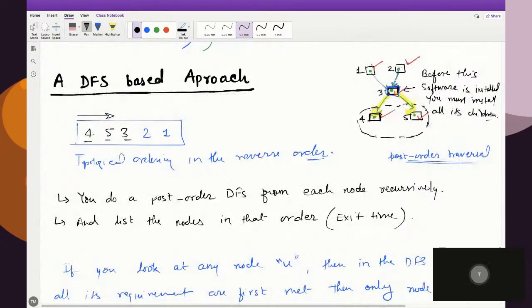So this also means that you are listing the nodes according to the exit time in this DFS based approach.